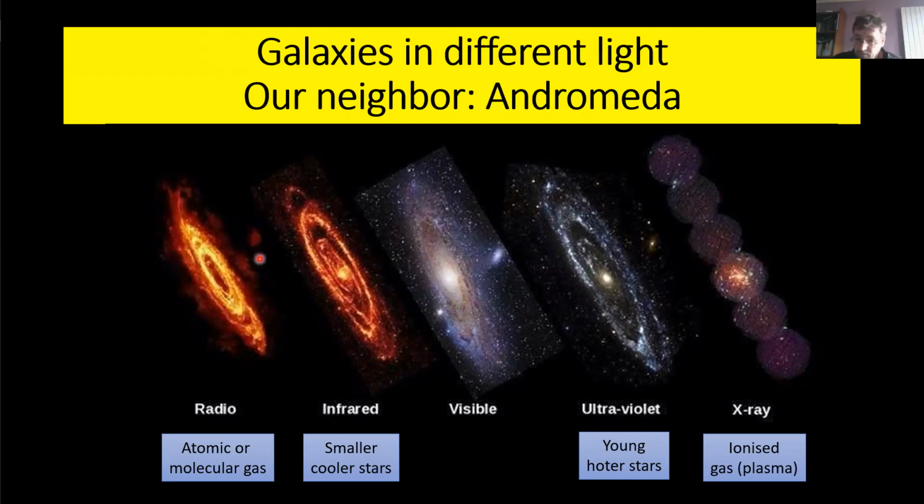In radio, so atomic, we see the atomic and molecular gas distribution, and we see this not so much in the bulk, what I wonder a bit about, but rather in this region around, and then a bit more outside. And then UV, again, the big blue stars, the hot younger stars.